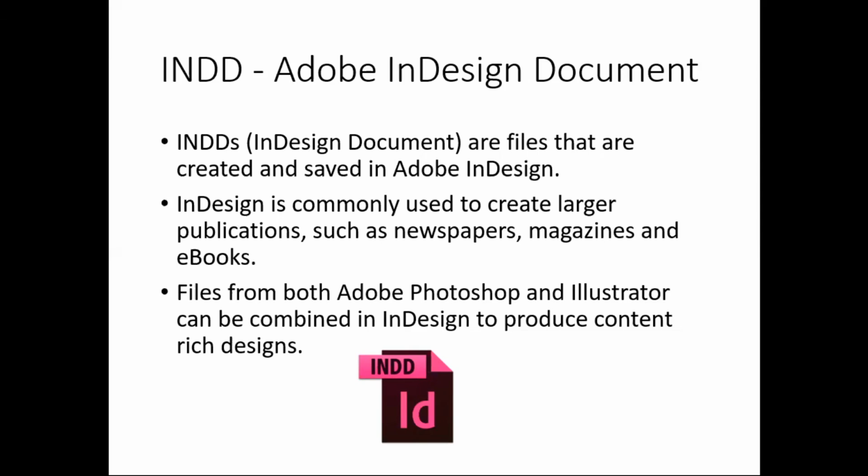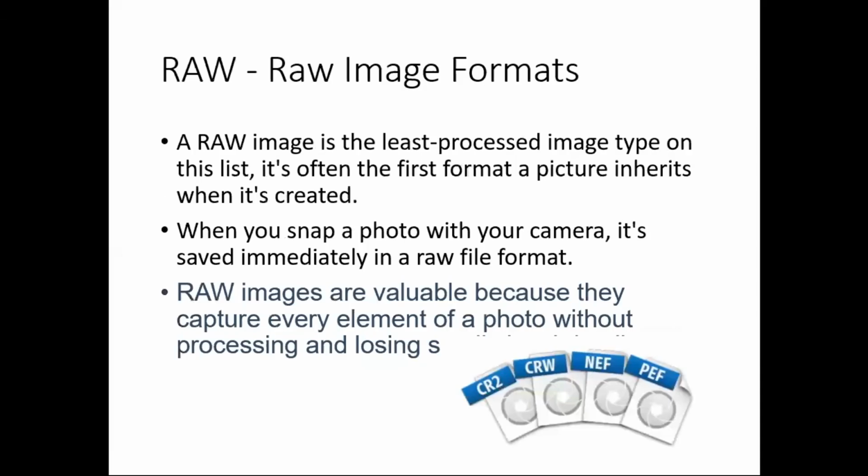Let's say you are going to design a newspaper, then you have to add some edited photos. Then you have to add some logo type text or logos to a single document. Then you can use Adobe InDesign software, right? It allows us to add Adobe Photoshop as well as Illustrator files, and we can combine those things and create a single product. All right.